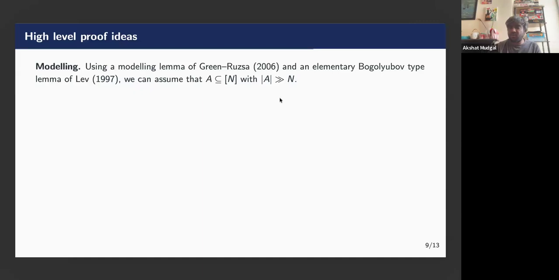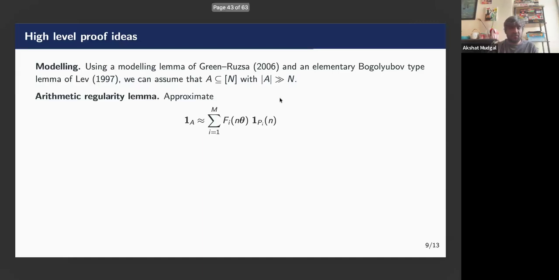The reason why having positive density in 1 up to n is helpful is because now I can apply Fourier analytic methods. In particular, I can apply the regularity lemma. So okay, this is an online talk. If you haven't seen the regularity lemma before, it can be quite intimidating.